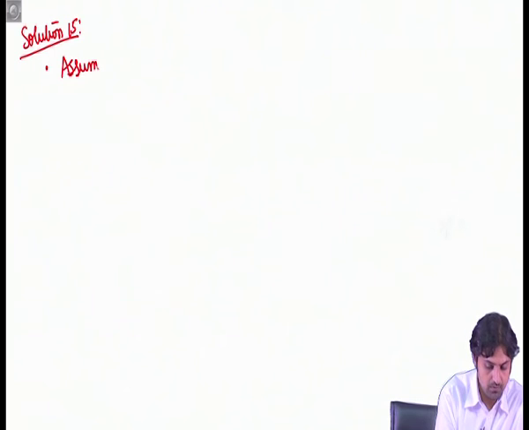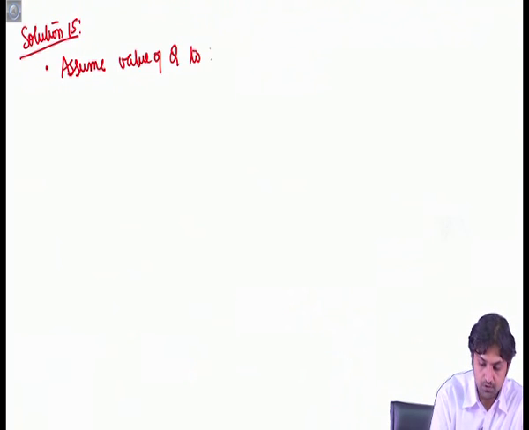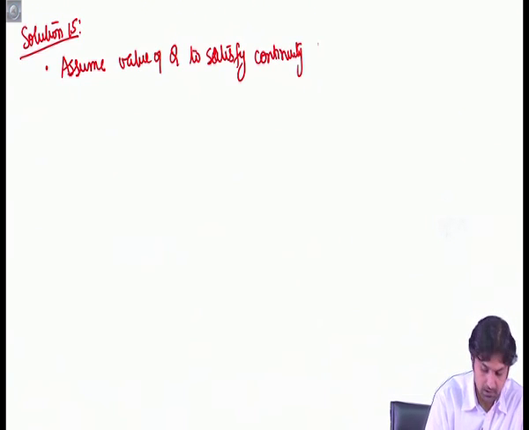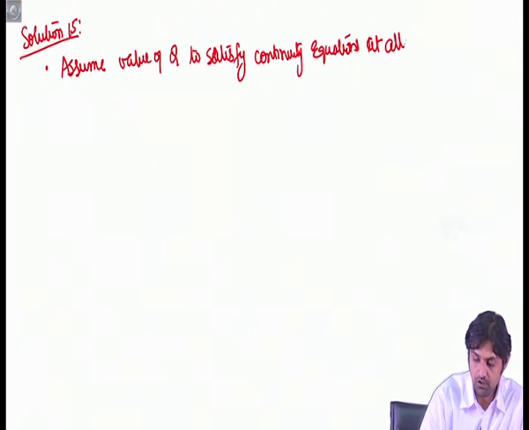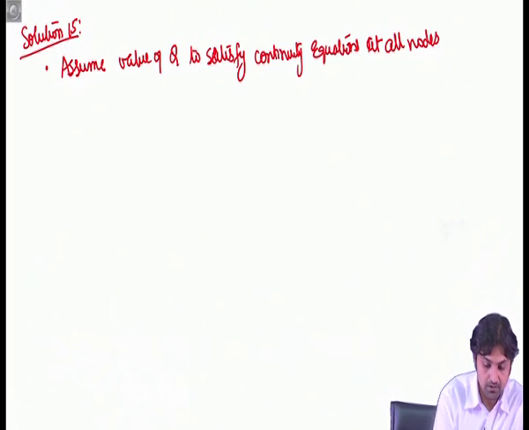Assume a value of Q to satisfy continuity equations at all nodes. So, there were 4 nodes, right?